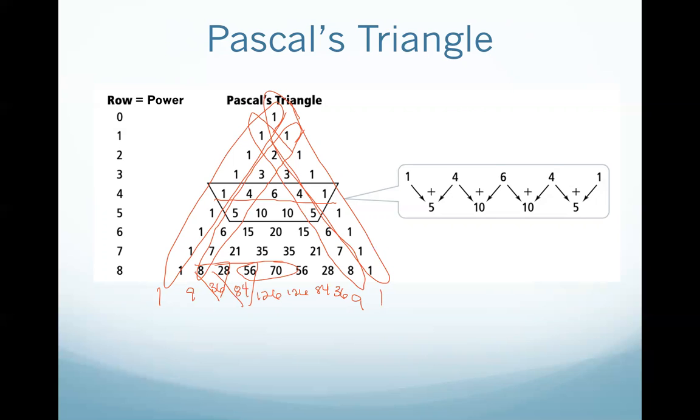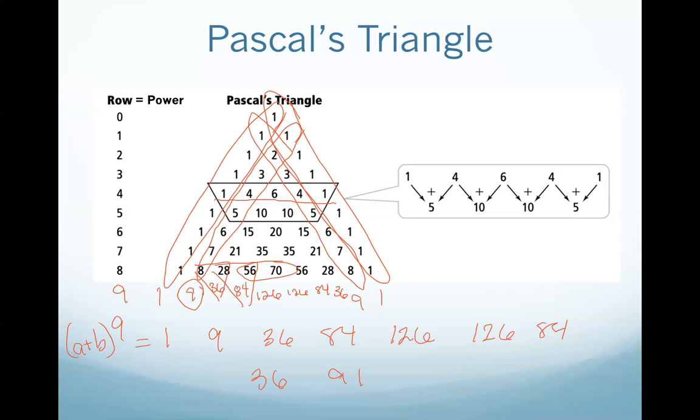Okay, so that's Pascal's triangle. Then the second number in each row is the row number. So this tells me 1, 9, 36, 84, 126, 126, 84, 36, 9, and 1 would be the coefficients if I had a plus b to the 9th.